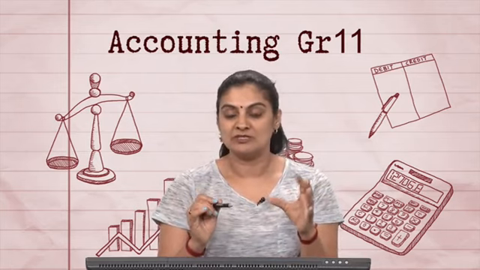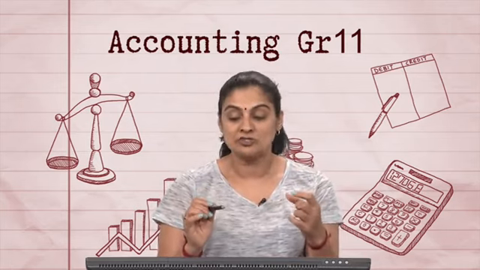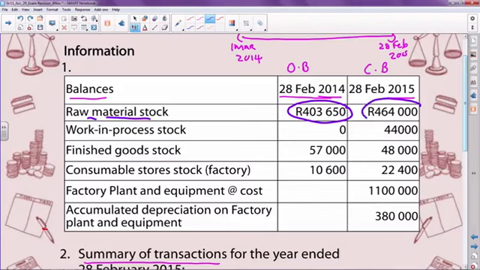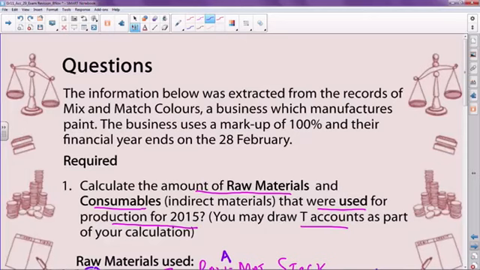What was my closing stock? Raw material closing stock, 464,000. But remember, there is additional information given with regards to closing stock. So for now, 464,000, let's just take that through to our answer sheet.